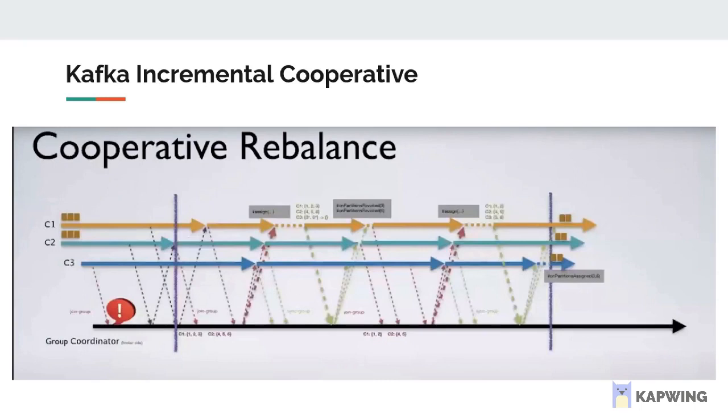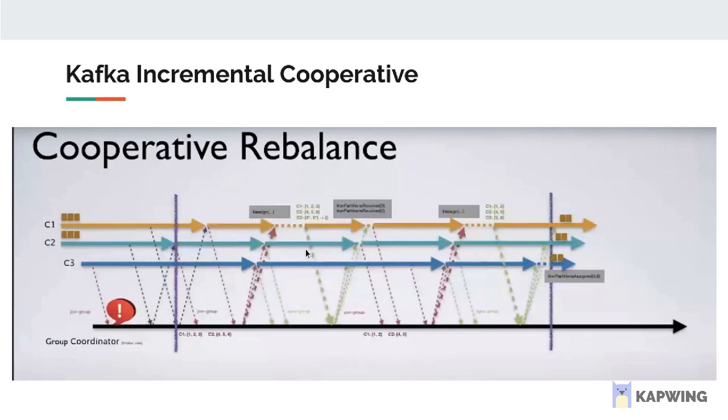But in this case, interestingly, none of them is actually revoking any partition, right? So after it receives a join group request from C1 and C2, it will send to the group owner, which is C1, the request to reassign these partitions. What C1 would do is take some of the partitions away from C1 and C2, but not assign them to C3.